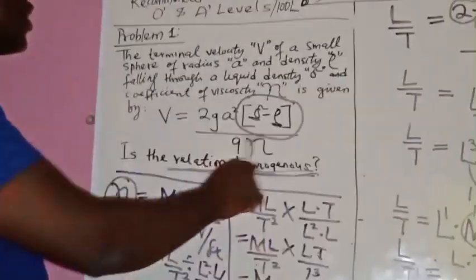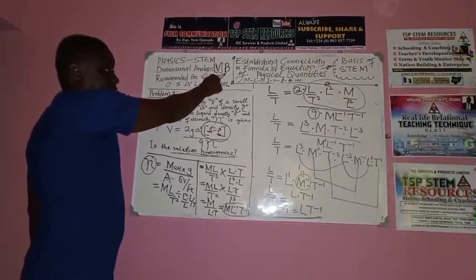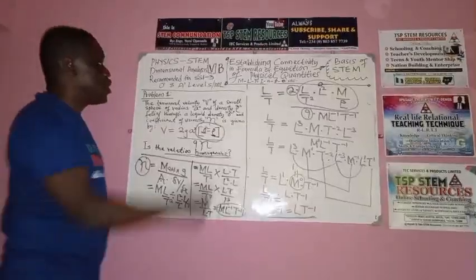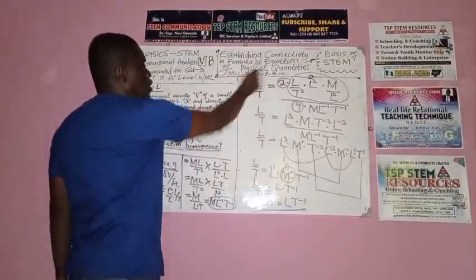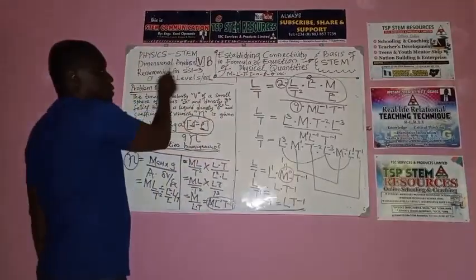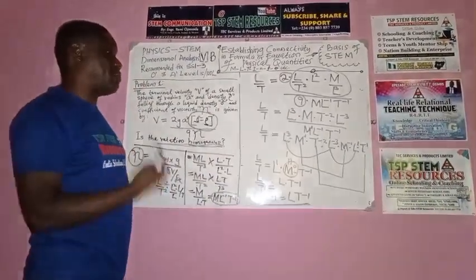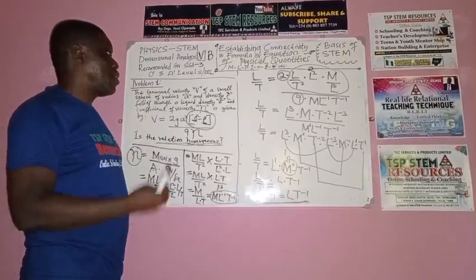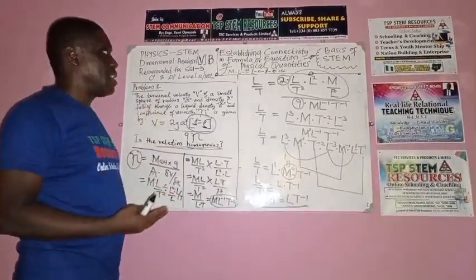So we're looking at the third version of this particular dimensional analysis, 5C, in our subsequent edition, where we establish connectivity in formula or equation of physical quantity using dimensional analysis. That is the fifth importance or advantage or benefit of dimensional analysis in science.